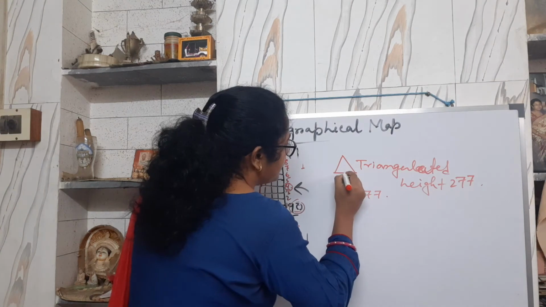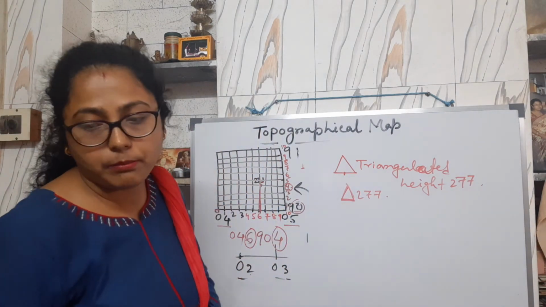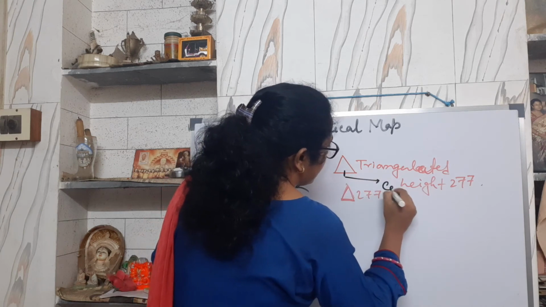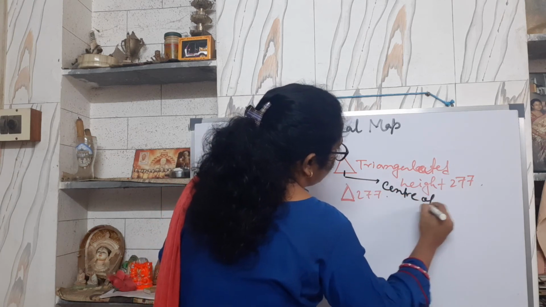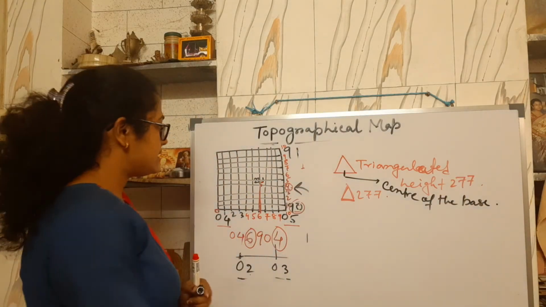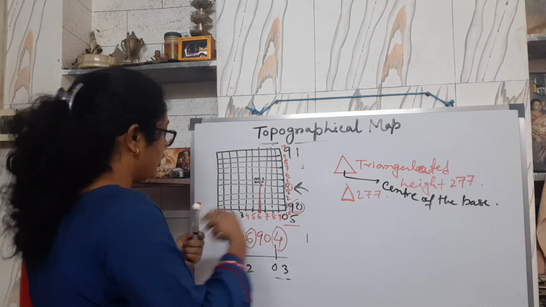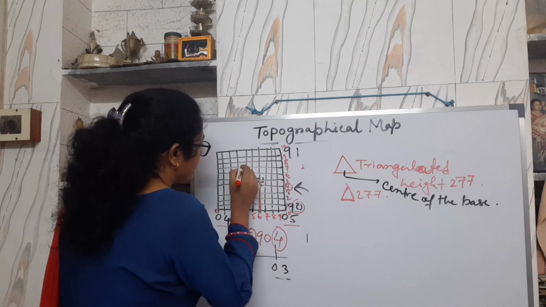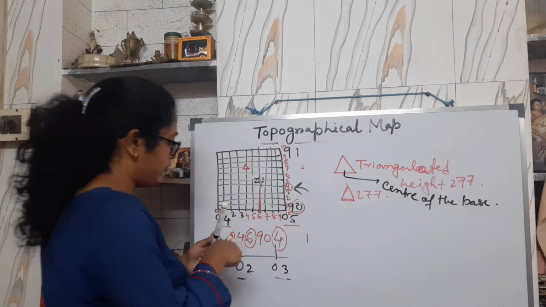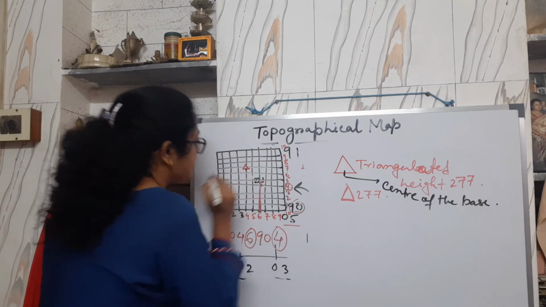That time you have to take the center of the base. In case of broad features, you have to take center of the base. Clear? Center of the base. Suppose here is your triangle. Okay. So here you have to find out the center of the base.